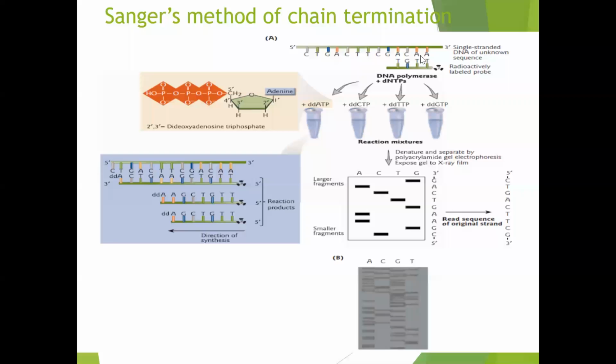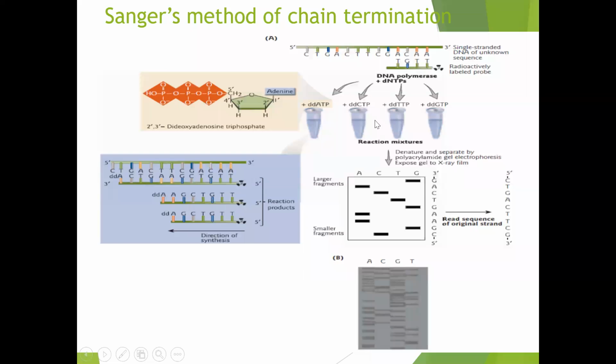Actually, this gel and this sequence are not matching, but anyway, that's how it should be formed. But here it is explained correctly. So, likewise, in ddGTP also, wherever there is C in the sequence, at all those positions, the termination will take place.